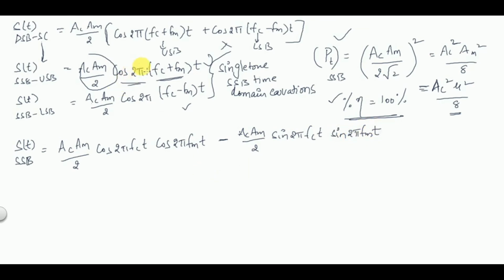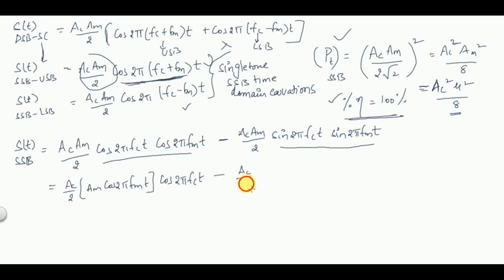So this one is the cos of A plus B form. Cos A cos B minus sin A sin B I have written. So this is now Ac by 2 into Am cos 2 pi fm t into cos 2 pi fc t, minus Ac by 2 into Am sin 2 pi fm t into sin 2 pi fc t.